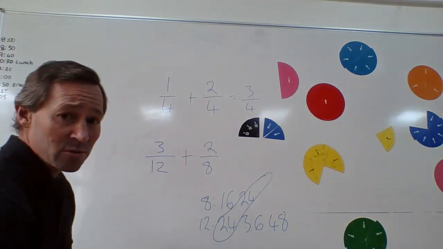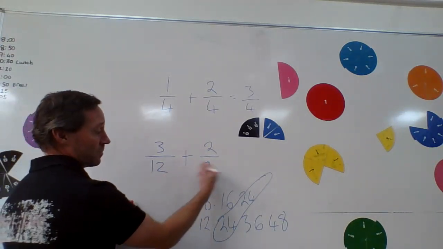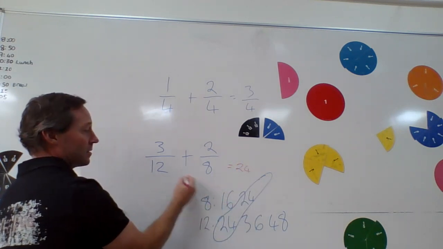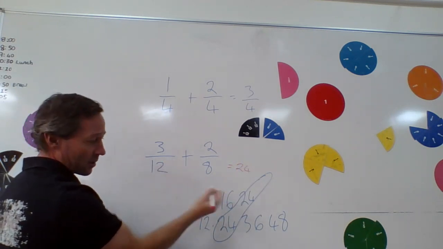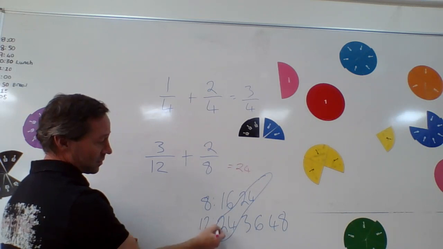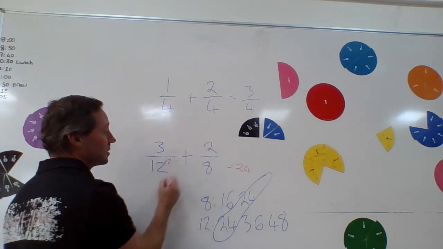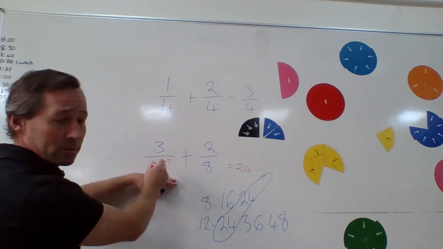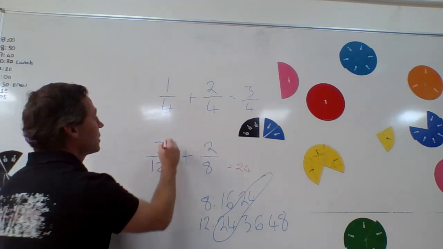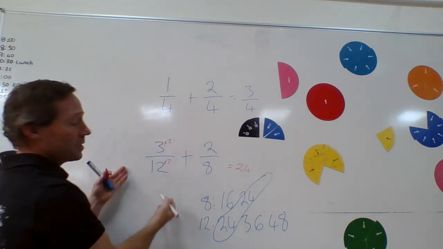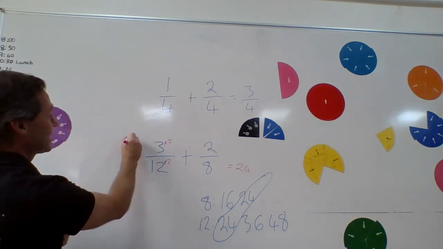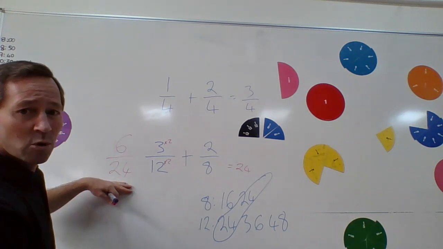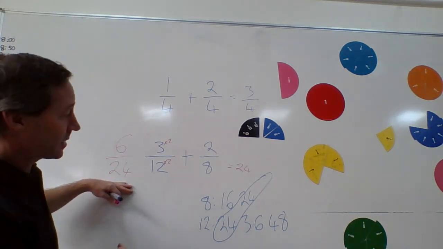So I want to make the common denominator 24. To make that, how many 12s go into 24? Well, it's the second multiple, so I times that by 2. What I do to the bottom, I must do to the top. So I'm timesing this one by 2, times that one by 2. So that really looks like saying 6 over 24. So I want to turn this into a common denominator.